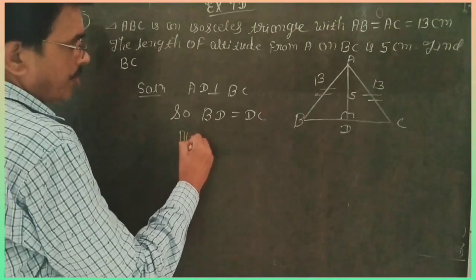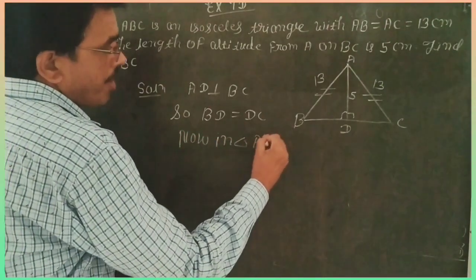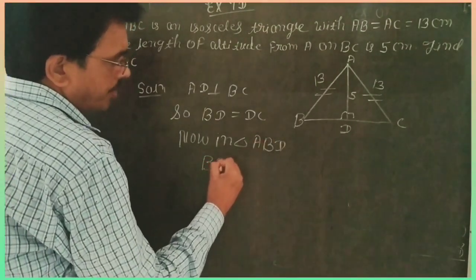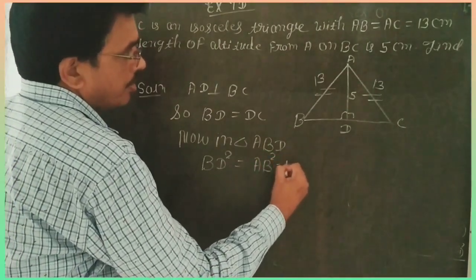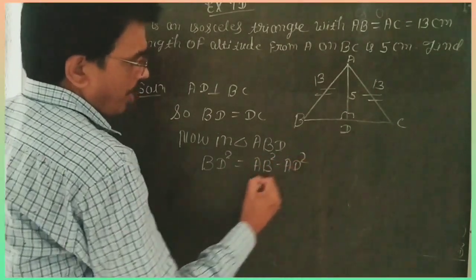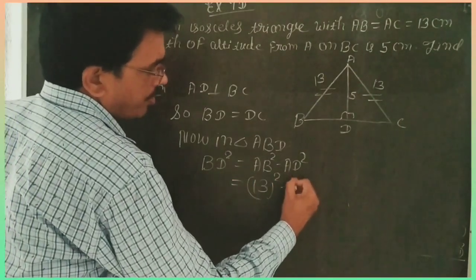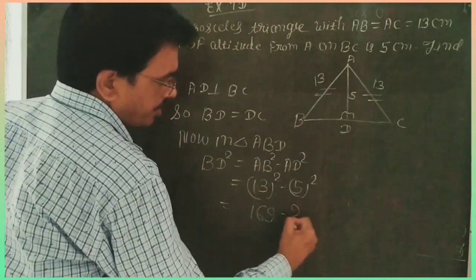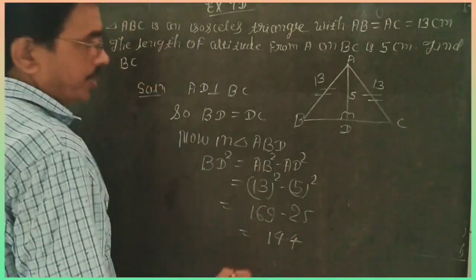Now in triangle ABD, BD square is equal to AB square minus AD square. Hence 13 square minus 5 square, that is 169 minus 25, that is 144.